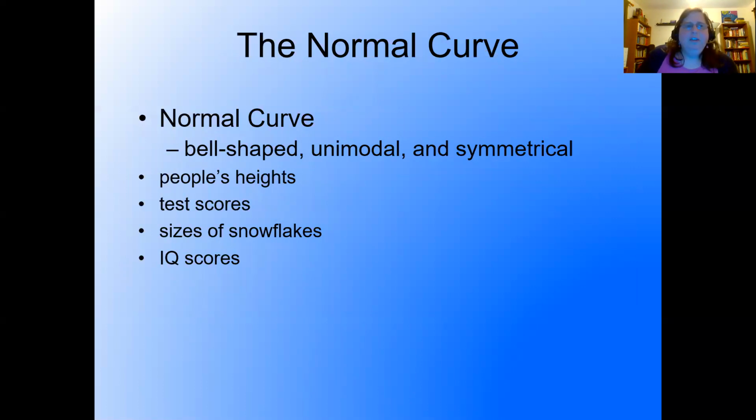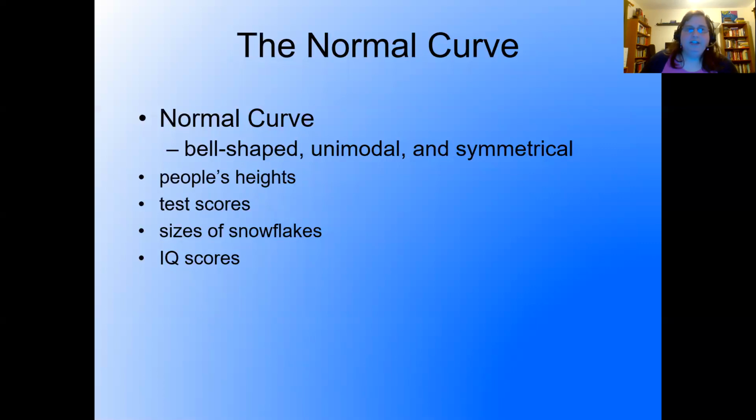So what kinds of different variables take on a normal curve distribution? Well, there's a whole bunch, but let's just talk about a few. People's heights. Heights tend to take on a normal distribution. Test scores. We didn't actually get to talk about this on the first day, but if you've ever heard of curving a grade or the distribution of grades, it typically follows a normal curve.